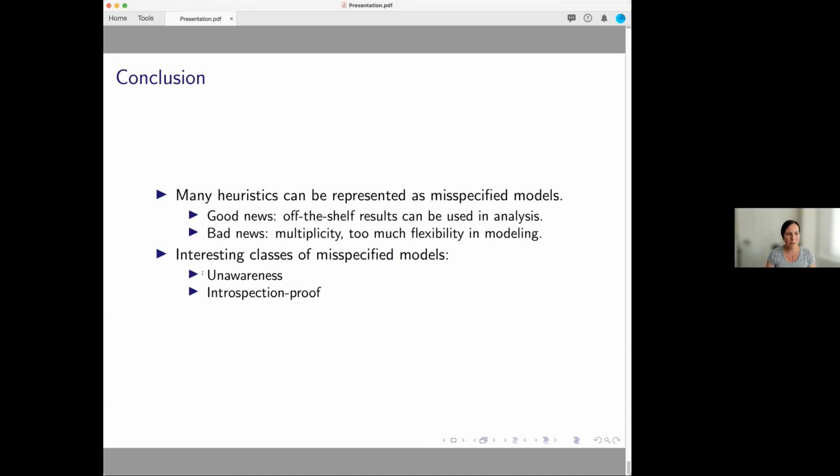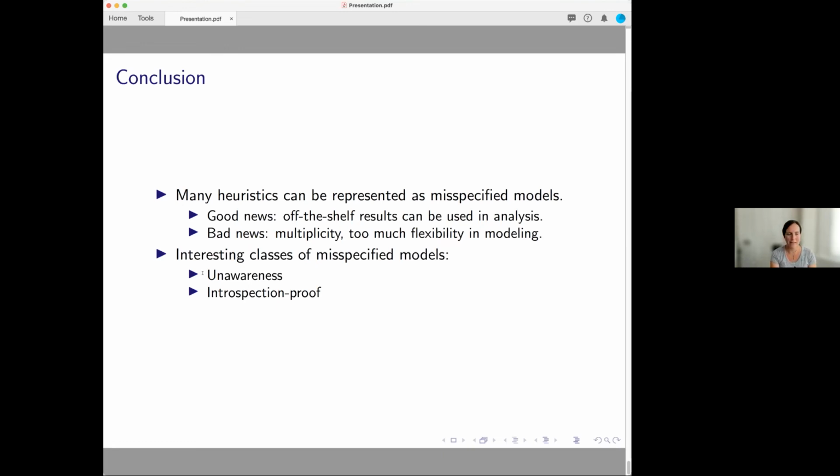Whereas introspection proofness may be more applicable for settings like, for example, scientific reasoning, where people know they might have a wrong model. They're just not sure where to start, or they need to simplify the world so they have some model, but they're constantly questioning their model and looking at data and saying, do I have a more compelling alternative model that I could be using?